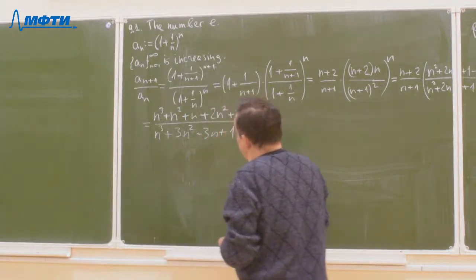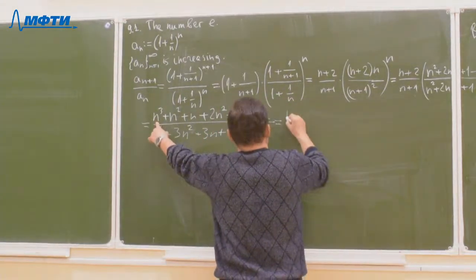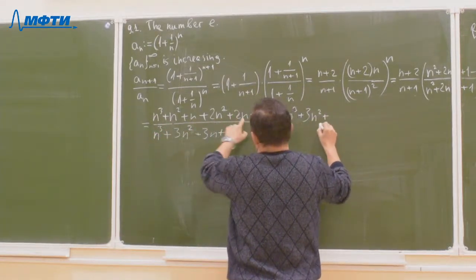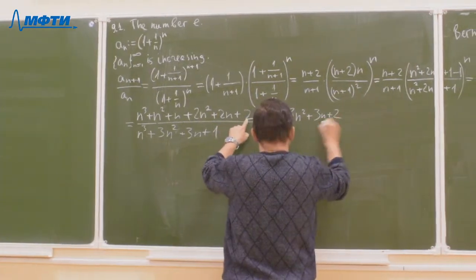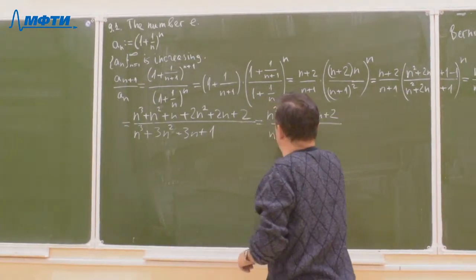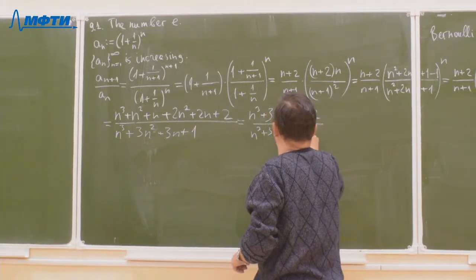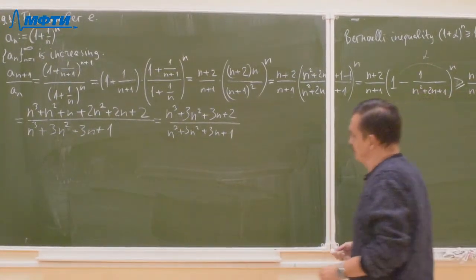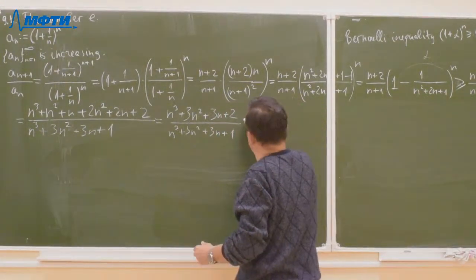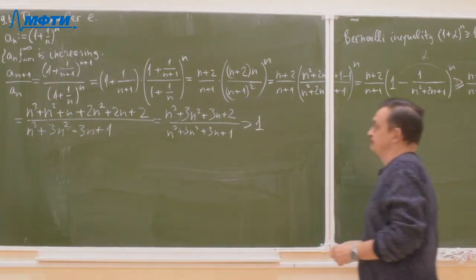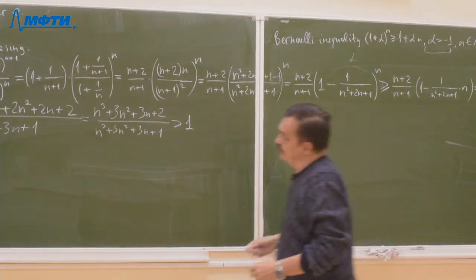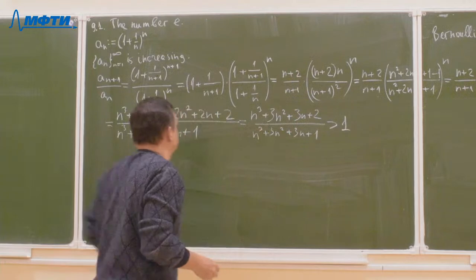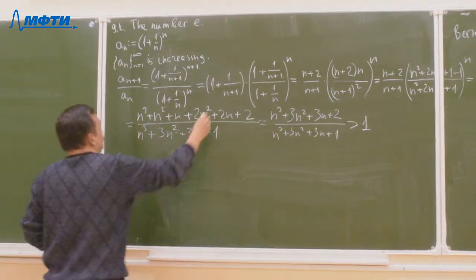So what is in the numerator? n cubed plus 3n squared plus 3n plus 2 over n cubed plus 3n squared plus 3n plus 1. So both numerator and denominator are positive numbers and the numerator is greater, hence that is greater than 1. And look at the beginning, a_{n+1} over a_n greater than 1. So that is proved.